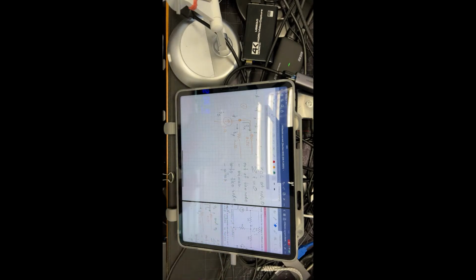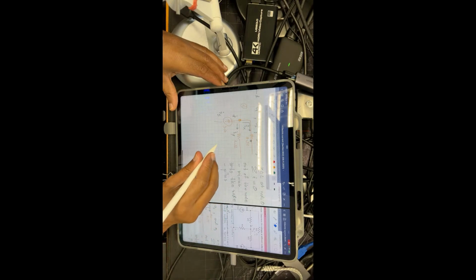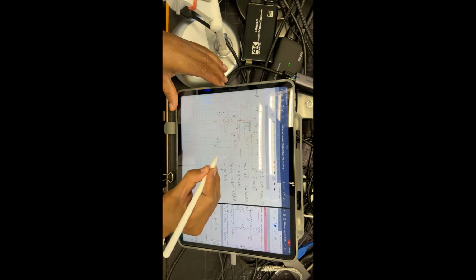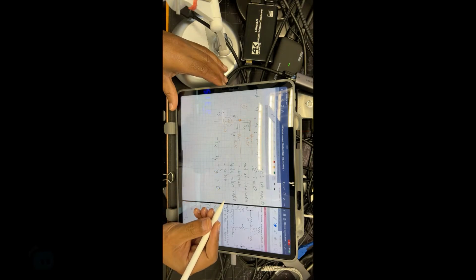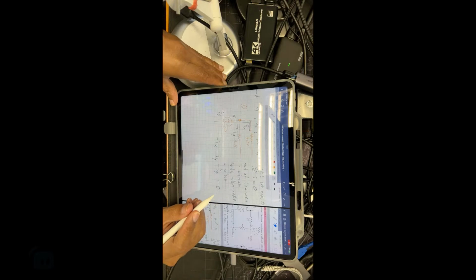What you can see here, Ix is going out of the node, Iy is going out of the node, Is is also going out of the node. We would have negative Ix, negative Iy, and negative Is, remaining 0. All right, I hope that all of you could see this.